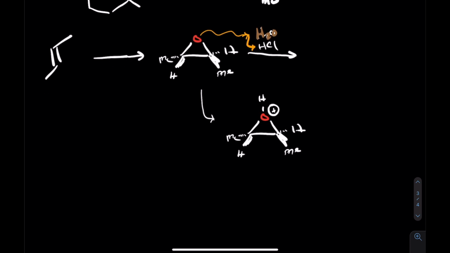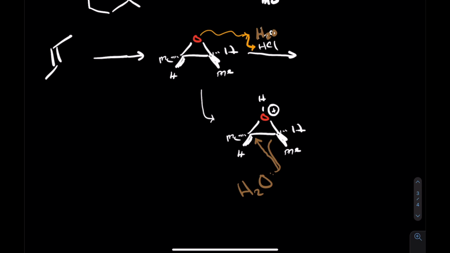Your water now, in this particular case, I sort of made a bad pedagogical choice in making these symmetric, but I suppose you can probably guess which one it would choose if it had an asymmetric case. It can come in and attack that carbon, or because this is a symmetric molecule, as in they're both secondary carbons, it could attack that side.